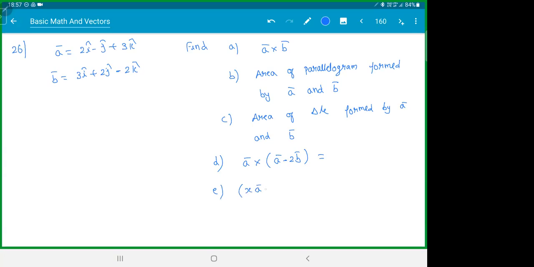If you have XA bar plus YB bar dot A cross B bar. Find a vector with magnitude 10 and perpendicular to A bar and B bar.